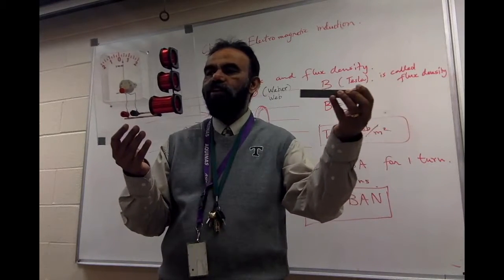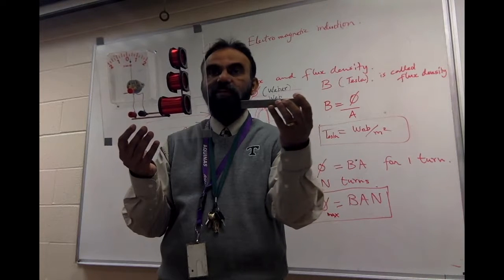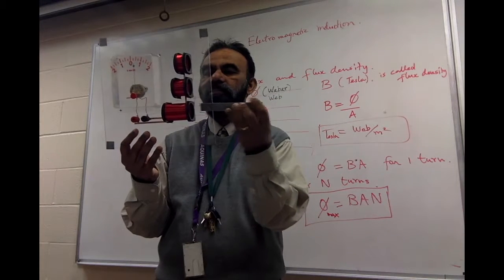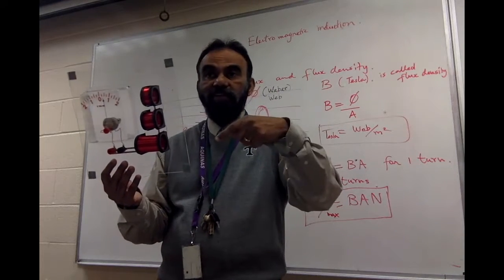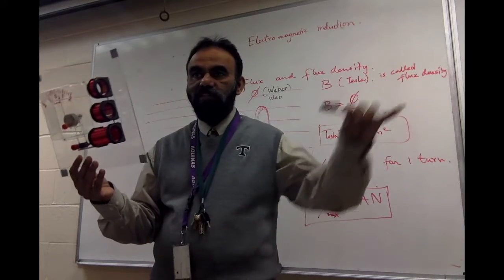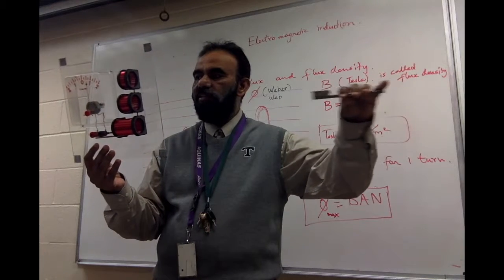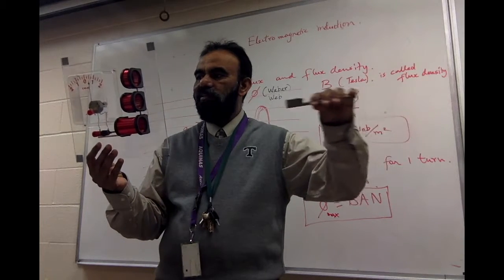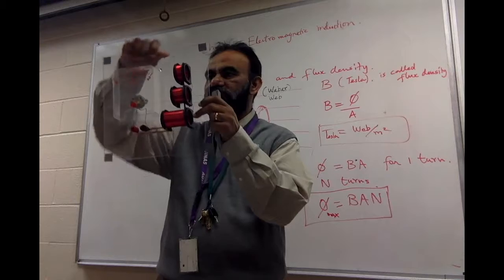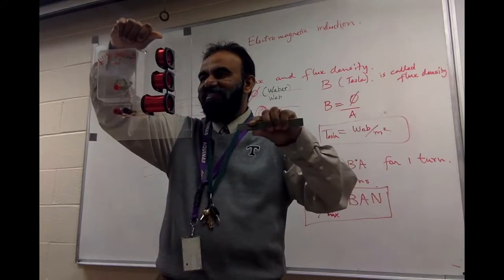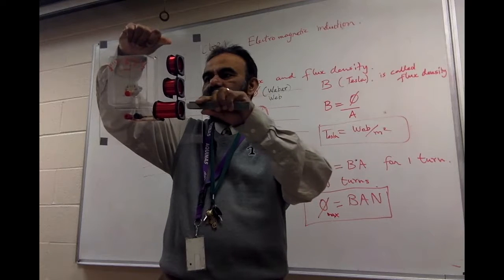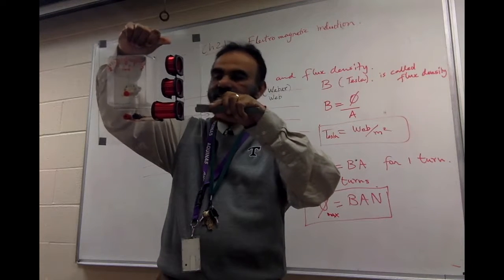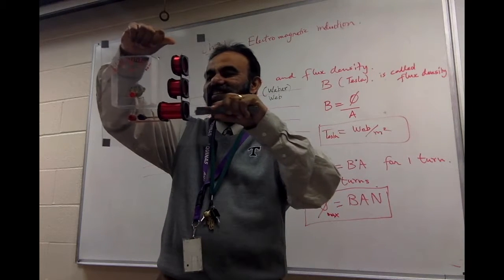But as I get closer and closer, the flux increases. And when I'm pretty close, the flux will be highest. So that's why when I make the same movement closer, the change should be higher.